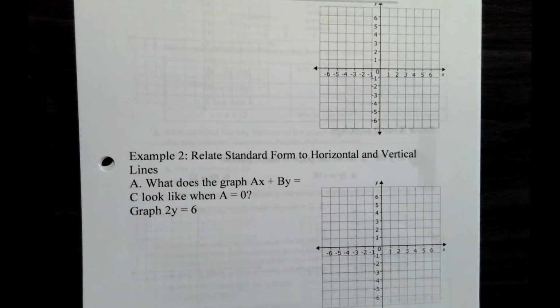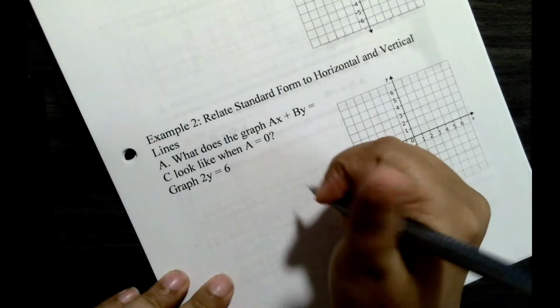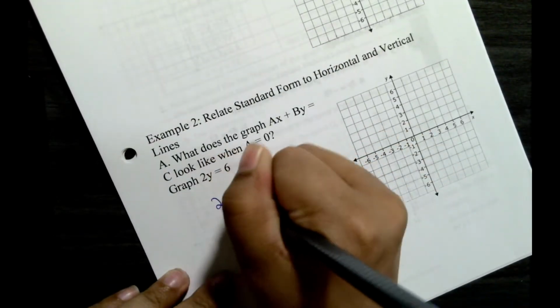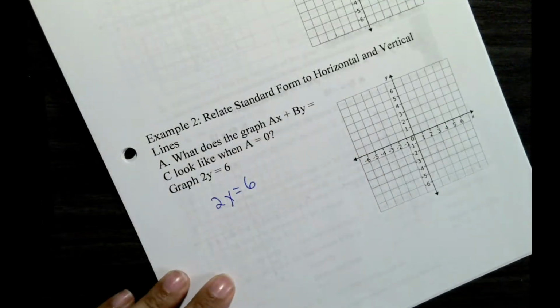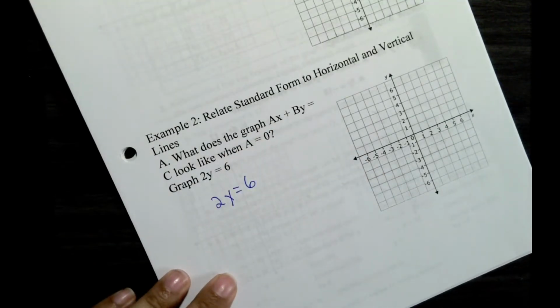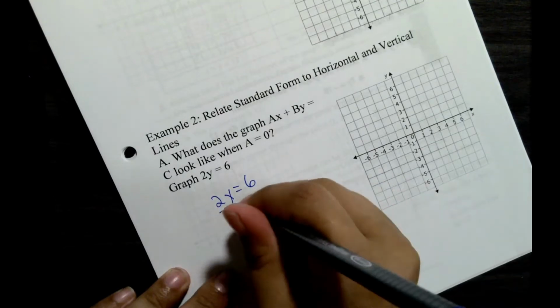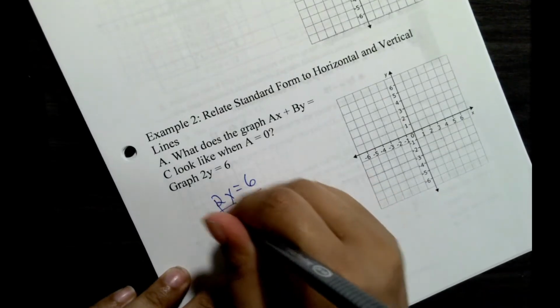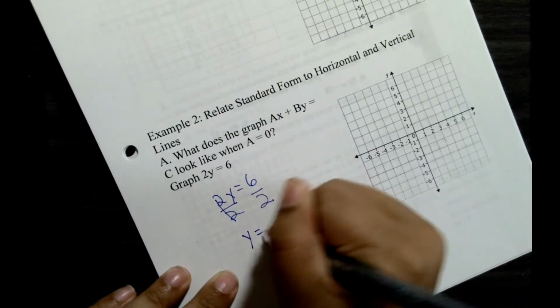What if we had a equaling 0? So we had a graph that looks like 2y equals 6. Well, in this case then, all we need to do is do y equals 3. What does the graph y equals 3 look like?